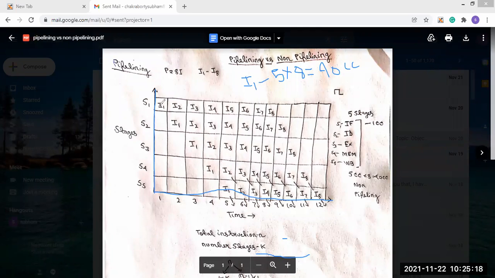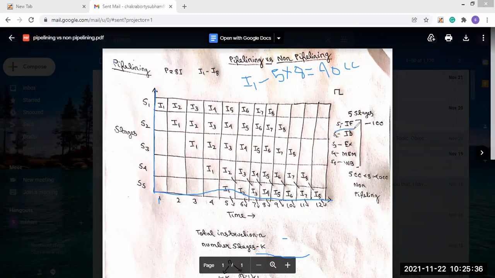Now, let's say the first instruction came. The first instruction is I1. I1 came at the first clock cycle. When I1 came, what will it do? It will fetch the instruction first.